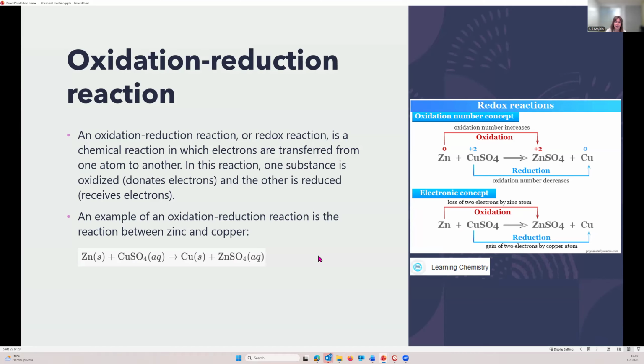Oxidation reduction reactions are also chemical reactions. Redox reactions. So the oxidation number of zinc, for example, here increases, and then the copper is being reduced. So it means that you have these metals, noble and non-noble metals.